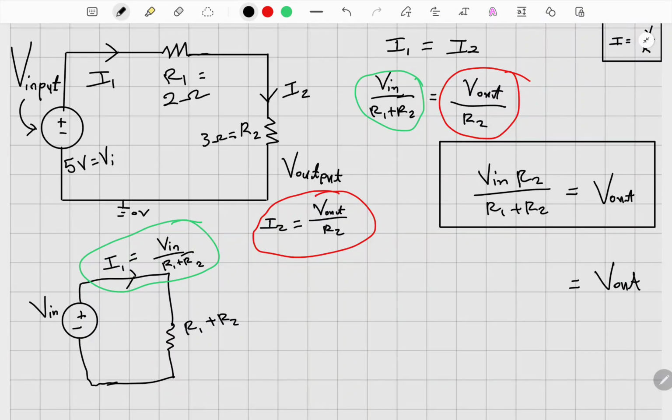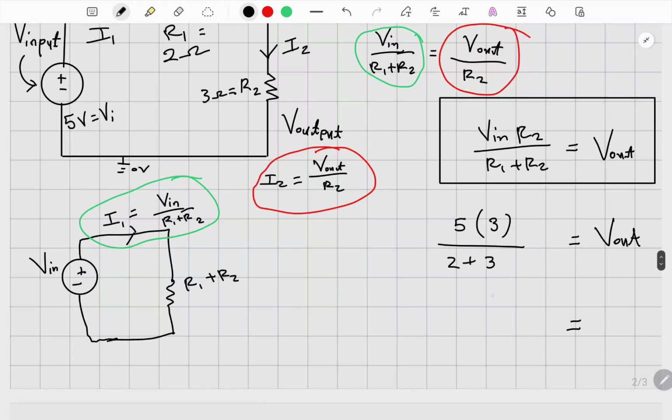I have 5 times 3 divided by 2 plus 3, which equals my output voltage. So now I have 15 divided by 5, which is equal to 3 volts, which is equal to my output.